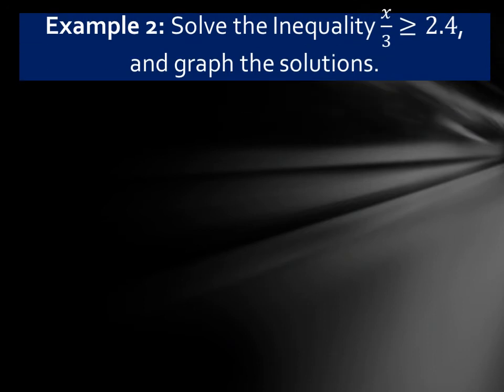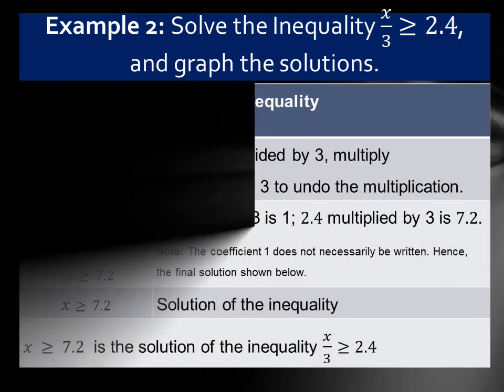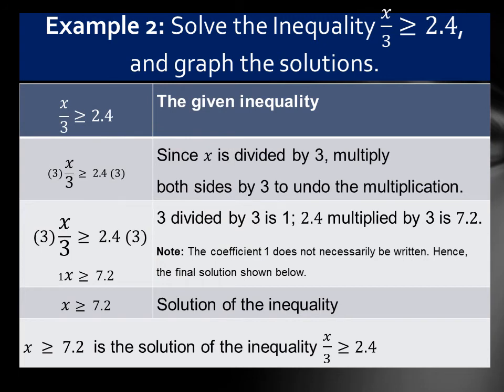Example number 2. Solve the inequality x divided by 3 is greater than or equal to 2.4 and graph the solutions. We rewrite the given inequality, which is x divided by 3 is greater than or equal to 2.4. Since x is divided by 3, we multiply both sides by 3 to undo the division.